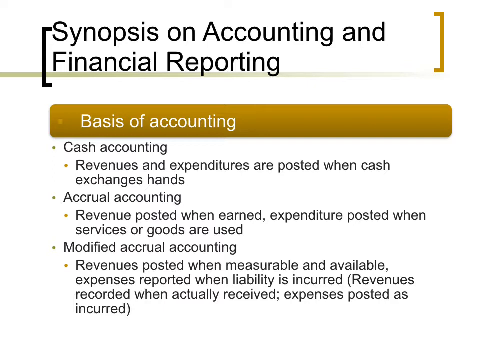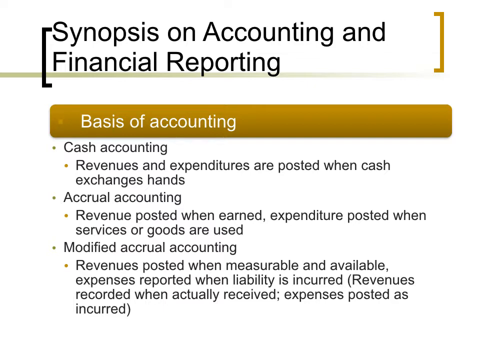Now, there are three bases of accounting. We have what we call cash accounting, accrual accounting, and modified accrual accounting. Businesses, for the most part, or smaller businesses anyway, will operate off of cash accounting. Cash accounting basically says that revenues and expenditures are posted when cash exchanges hands.